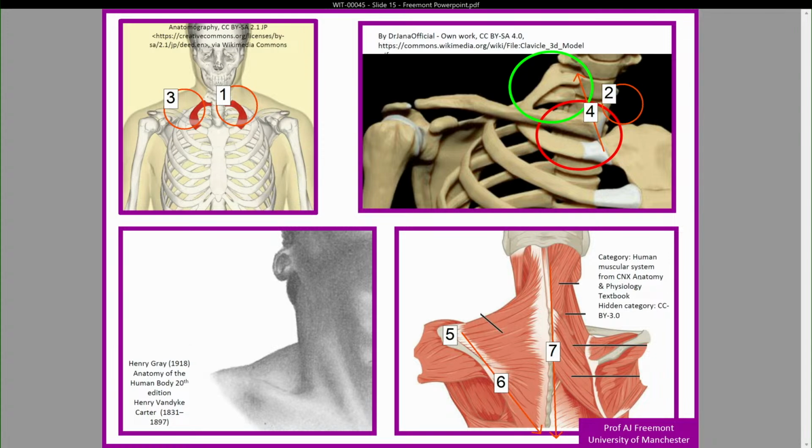Right. And on the bottom left-hand side, we see an image of a neck, or part of a neck. Is that the type of tissue that is lying over and on top of the first rib? Yeah, so you will have fatty tissue, you'll have muscle, and then you'll have skin.